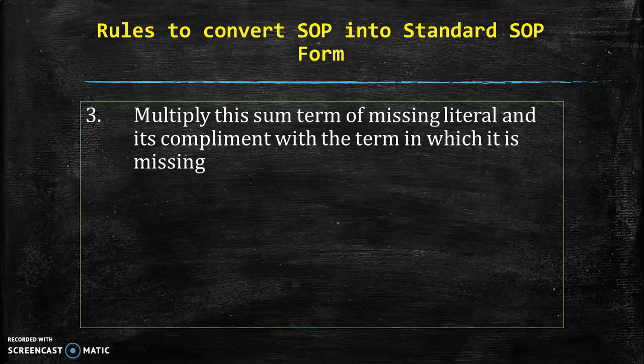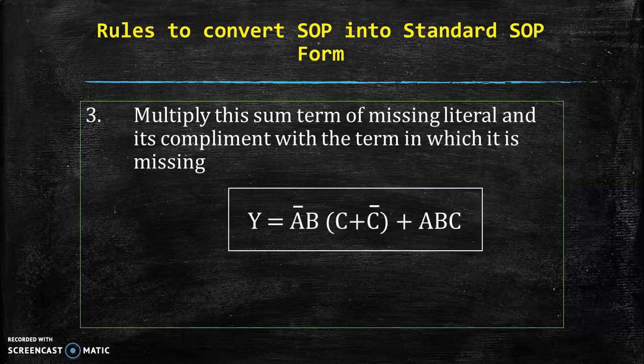So we have to multiply this sum term with the product in which it was missing. Again, in our same example, we have multiplied C plus C bar with the first product term, that was A bar dot B.